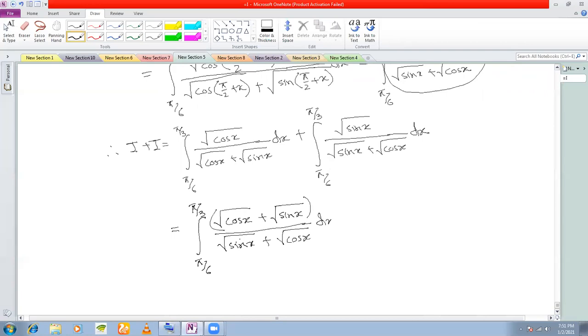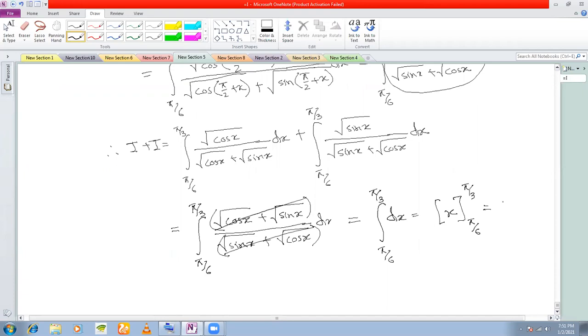The numerator and the denominator cancel each other. So you simply get integral pi by 6 to pi by 3 dx, which is nothing but x evaluated between the limits pi by 6 to pi by 3.